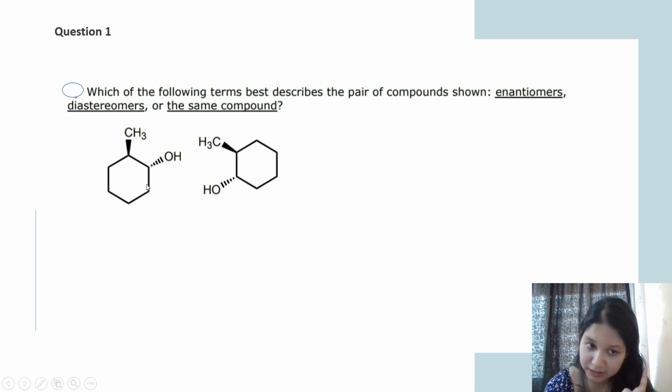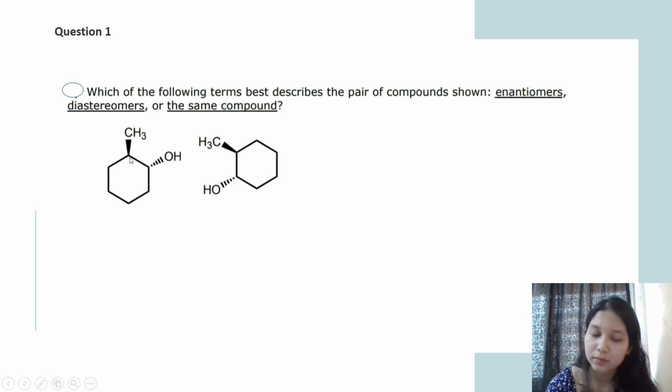And in between these two alkyl chains, this will be of higher priority because if we move in this direction, this carbon center is connected to 2 carbons and 1 hydrogen, and on this side, this carbon is connected to only 1 carbon and 2 hydrogens.